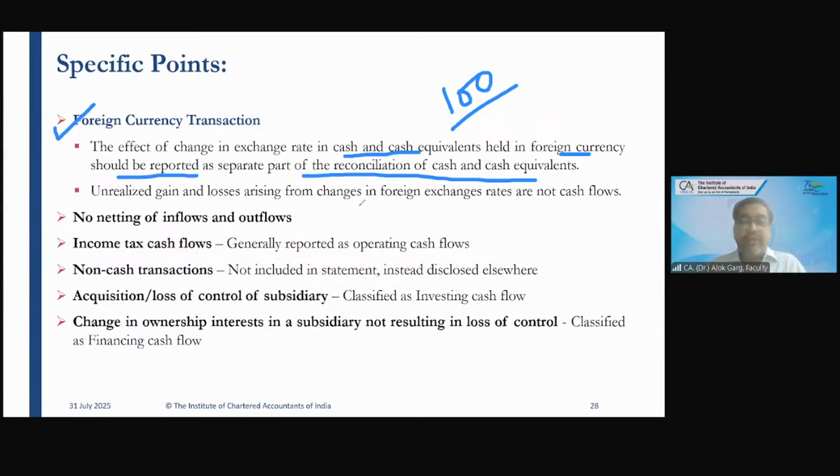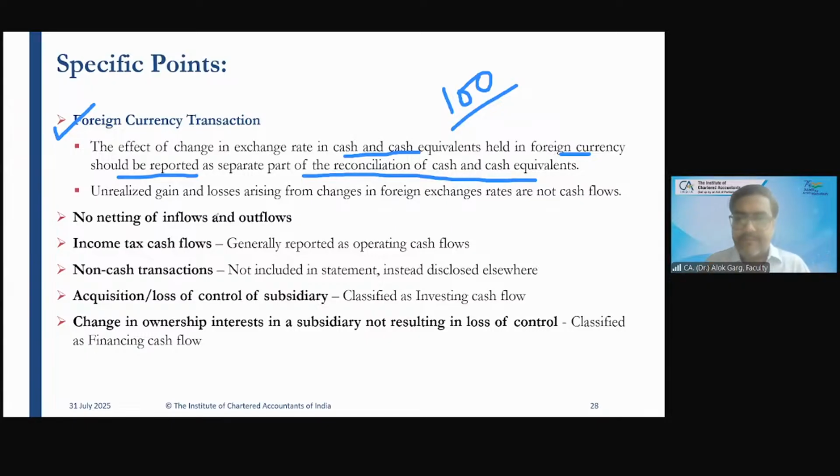So how will you show it? Opening cash and cash equivalent 8,000 rupees, add unrealized foreign exchange gain on cash and cash equivalent 500 rupees, closing cash and cash equivalent 8,500 rupees, tallying with the balance sheet. Because balance sheet में आपने unrealized mark to market लिया हुआ है. Correct?